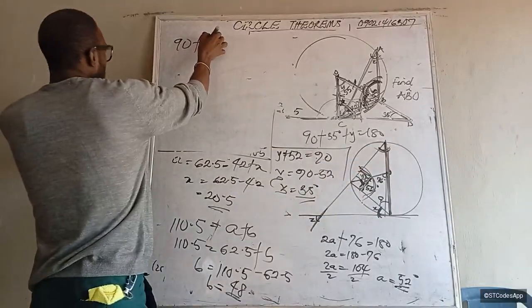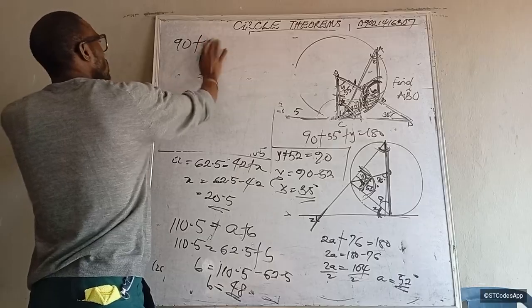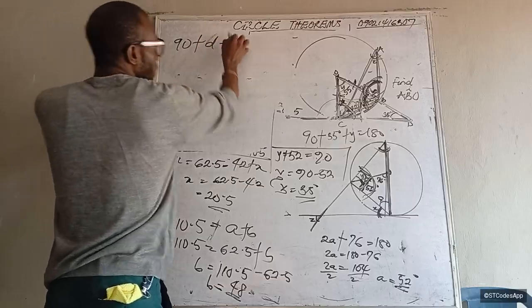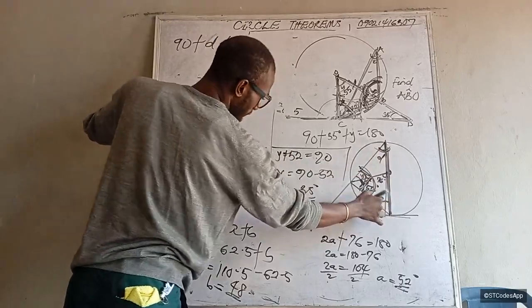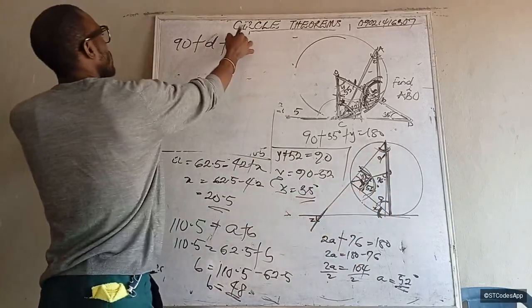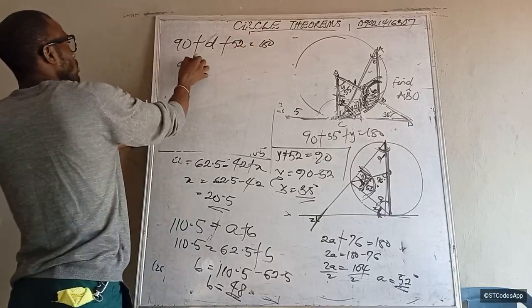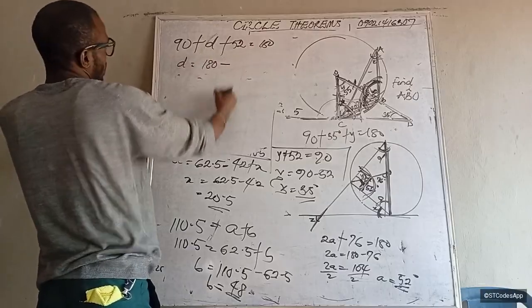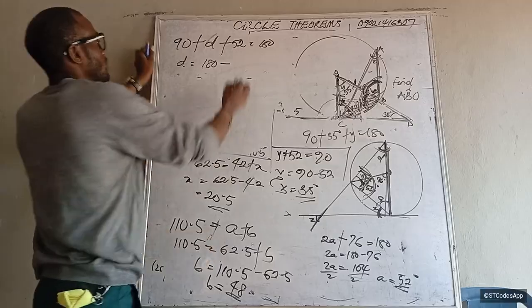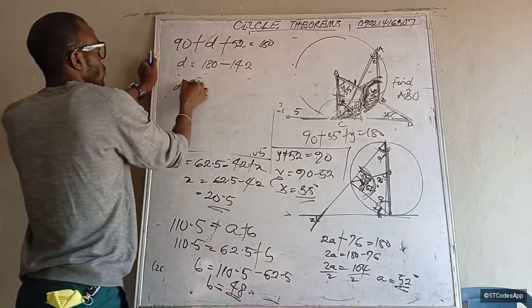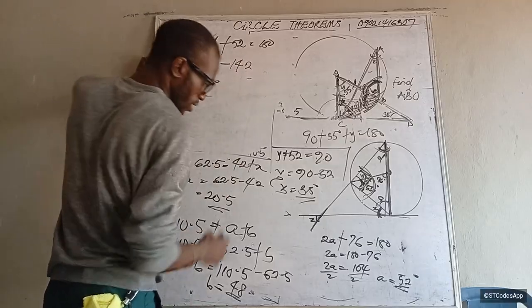Let's call that place D, for example, plus this place A. We got A to be 52. Everything will give us 180. So D will be equal to 180 minus 142. D will be equal to 38. We got 38 just now too.